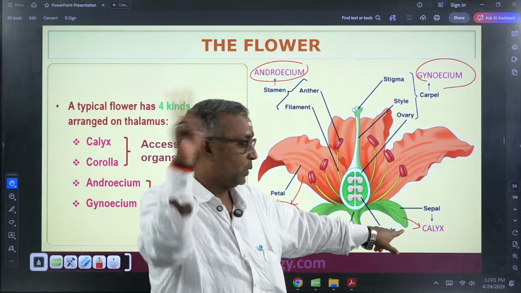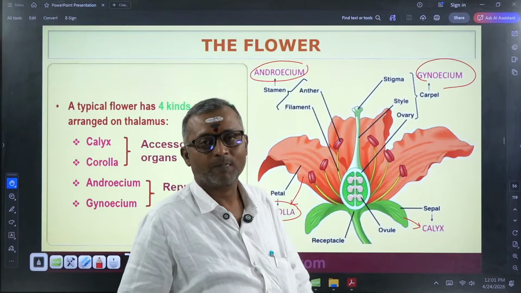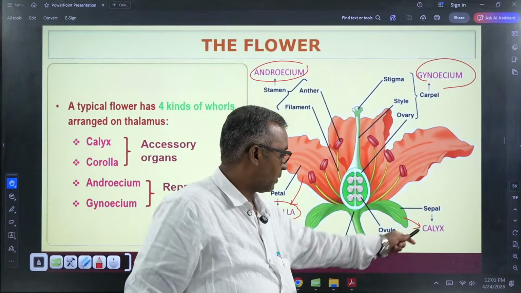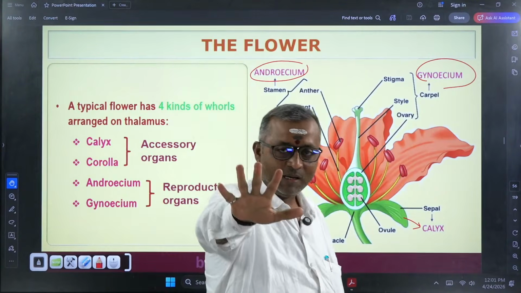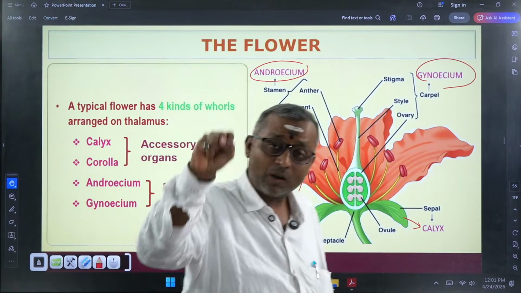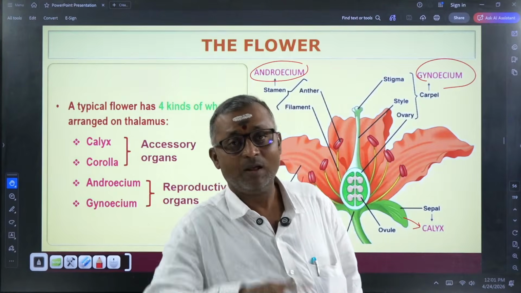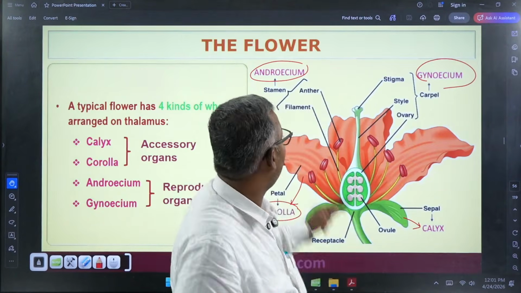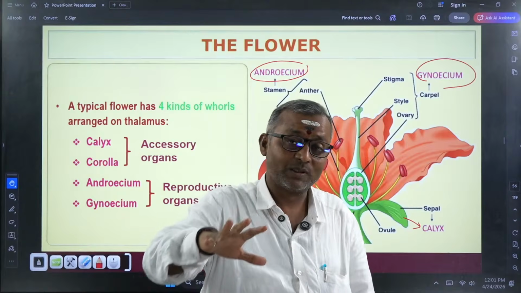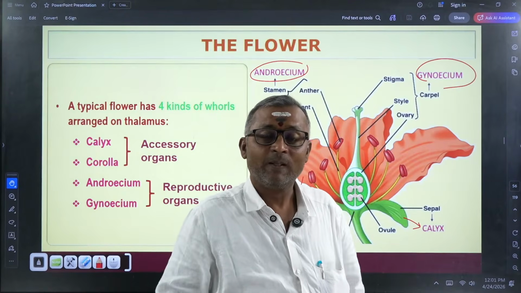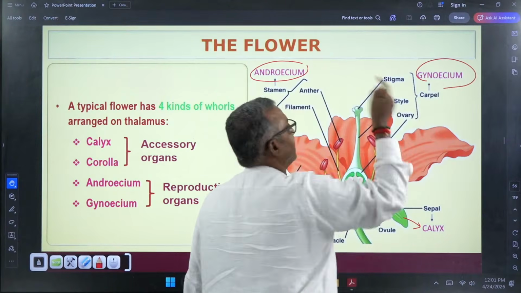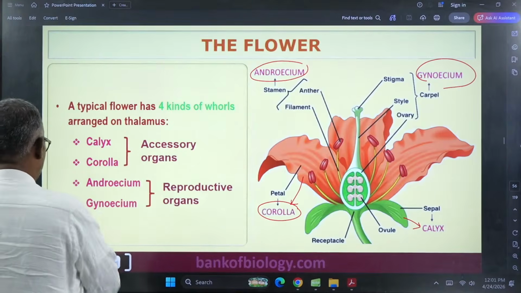These two sepals together are called calyx. If there are 5 sepals in a flower, all the 5 sepals together are called calyx. If there are 5 petals, all together are called corolla. If there are 5 stamens, all together are called androecium. Similarly, if there are 5 carpels, all together are called gynoecium.